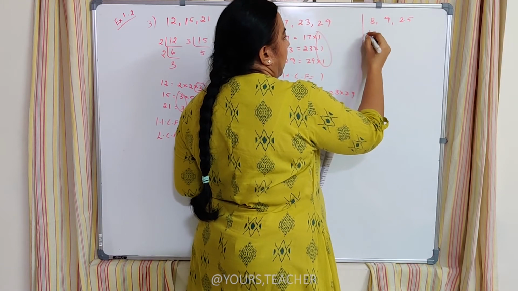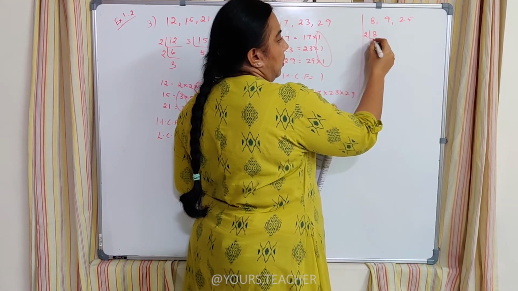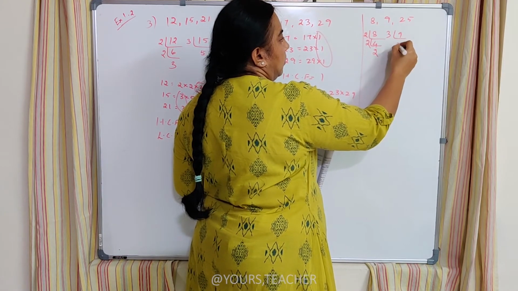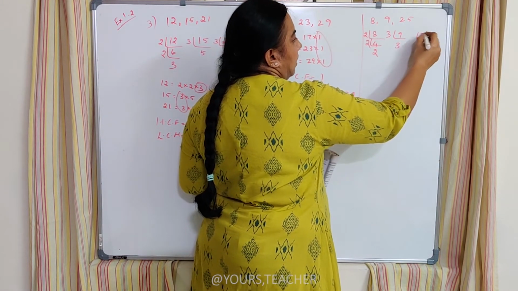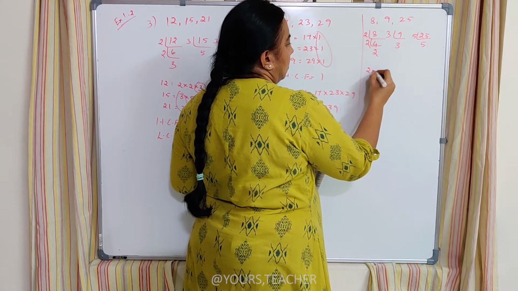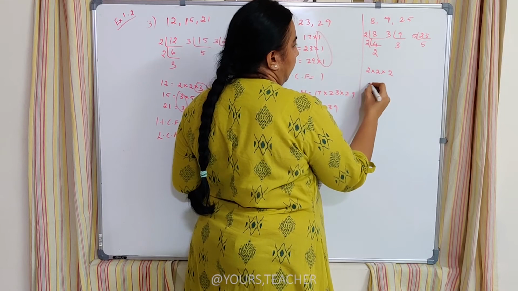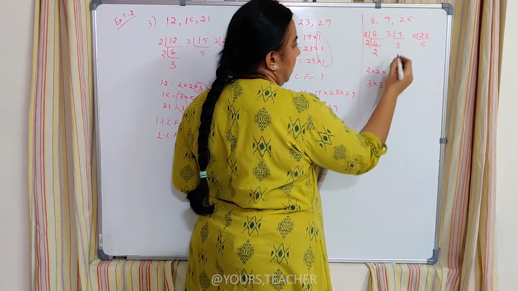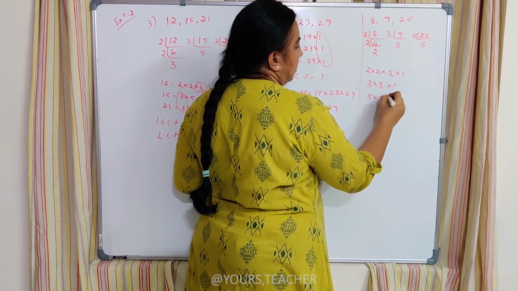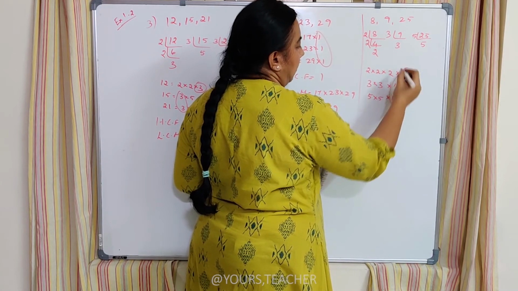For 8, when I do prime factorization, 4, 2 and 2, and for 9, 3 and 3, for 25, 5 into 5. So this becomes 2 into 2 into 2, and for 9 it becomes 3 into 3, and here 5 into 5. There is no common factor. So again I consider 1 as the common factor.